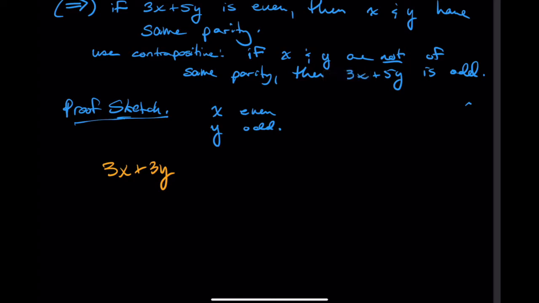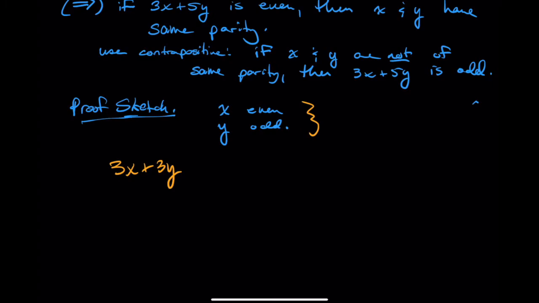But in this case, we can't do that. We're going to have to do this for case 1, and then we have case 2, which would be x is odd and y is even.